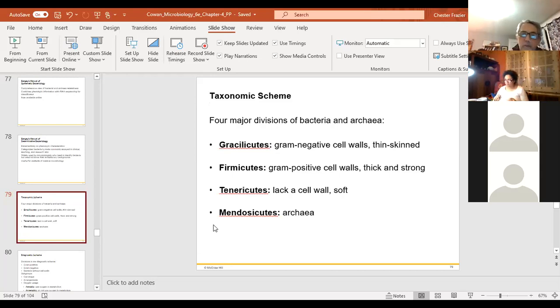I'm surprised there's another term used for gram-negative bacteria called bacteroides, and that's the term I'm more familiar with. There's the tenericutes, lacking a cell wall, those would be like the mycoplasma. And then the mendosicutes, or the archaea. So this is the overall grouping. You're more likely to hear the term firmicutes for gram-positive.